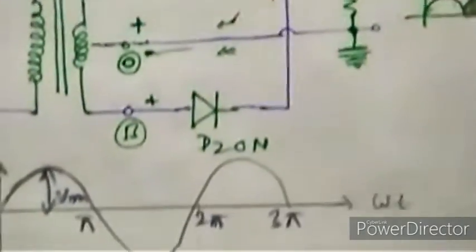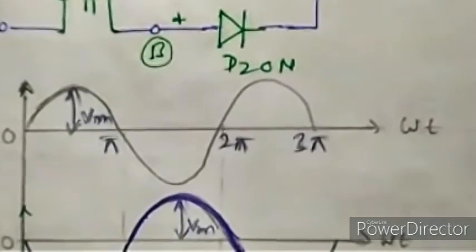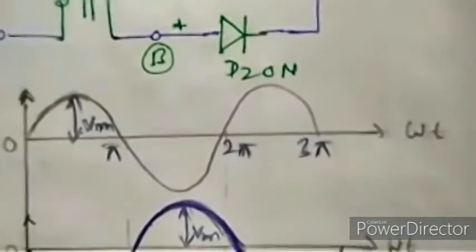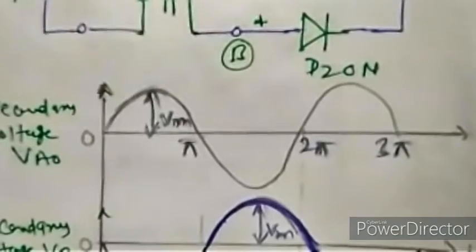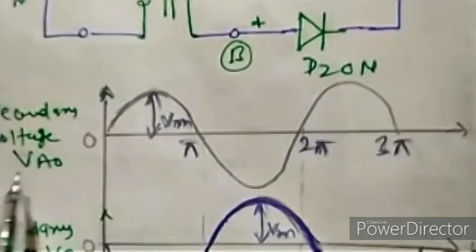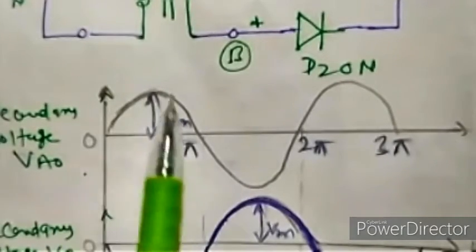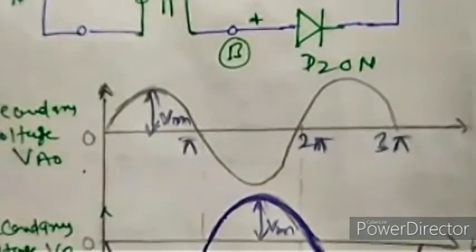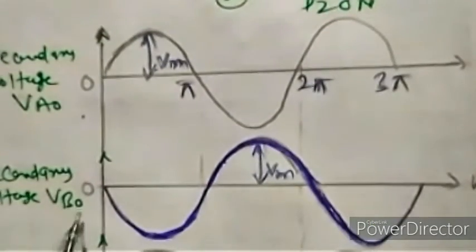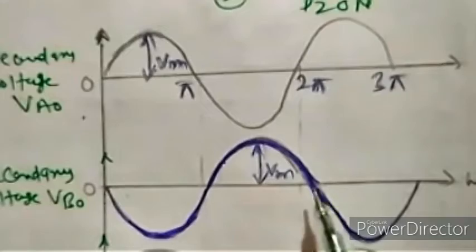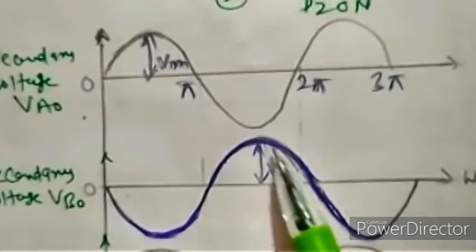Okay, now we can see the waveform. Here I am drawing the waveform for the secondary voltage VAO, whatever AC is coming there. The secondary VBO has a 180-degree phase difference, so it is the opposite of this.